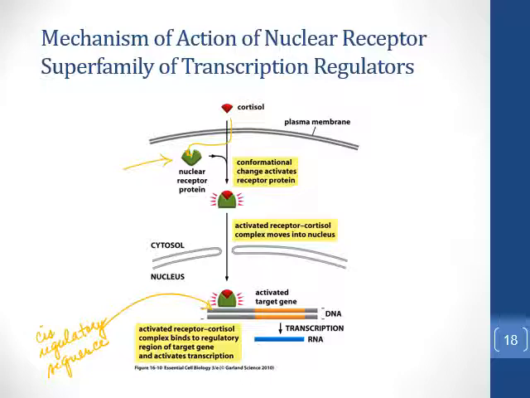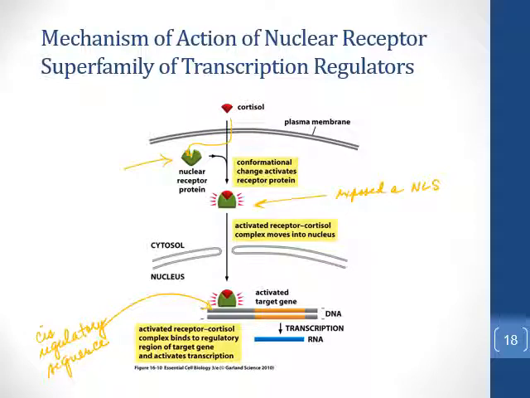Now, by the way, just by way of review, what do you think this conformational change is going to do here? In other words, if that nuclear receptor protein is in the cytosol, but once it binds to cortisol, it ends up in the nucleus, then what has probably happened? You've probably exposed a nuclear localization signal.